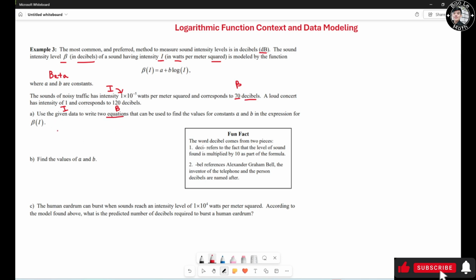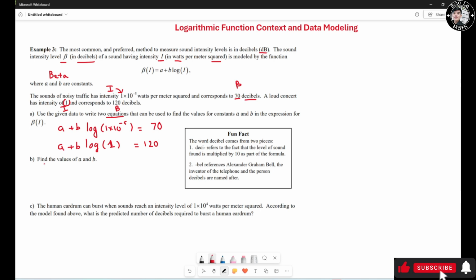So the first equation we have a plus b log of I, I equals 1 times 10 to the negative 5th, equals 70 right here. Now the second equation, a plus b log of I, I equals 1 right here, and then beta equals 120.